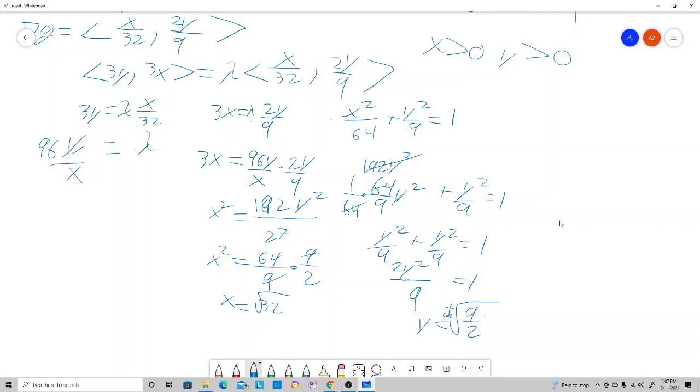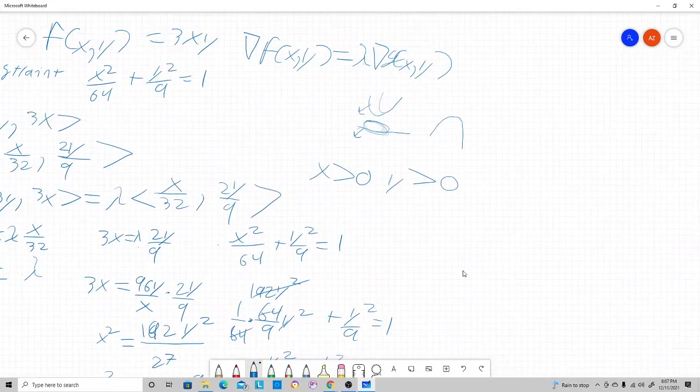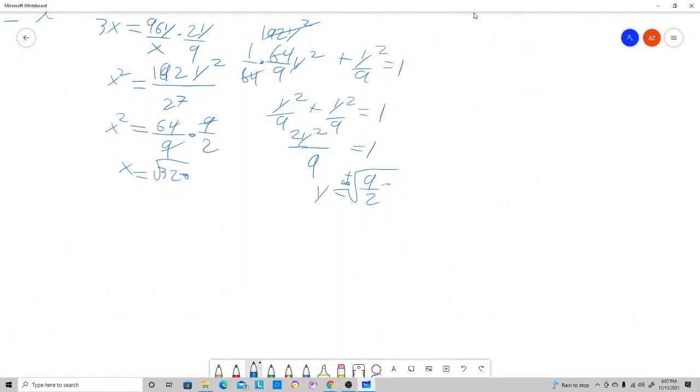Okay. So now what we have to do is plug these values into the original function. So what's our original function? Our original function is 3xy. So 3 is equal to 3xy, so the 32, times the y is this one. We can actually take that 9 and send 3 over square root of 2.